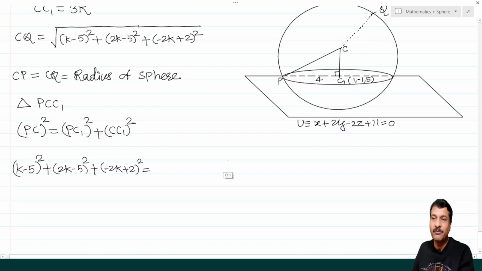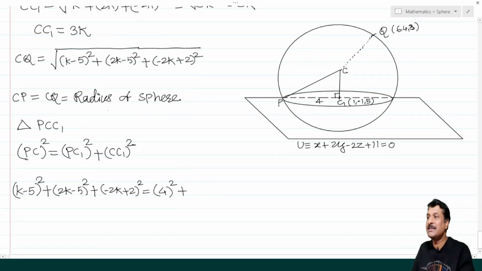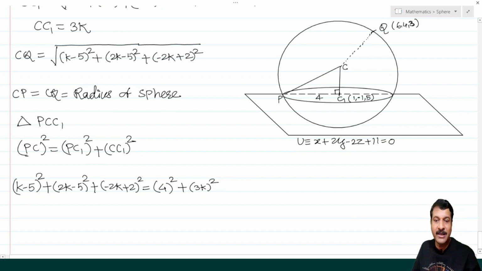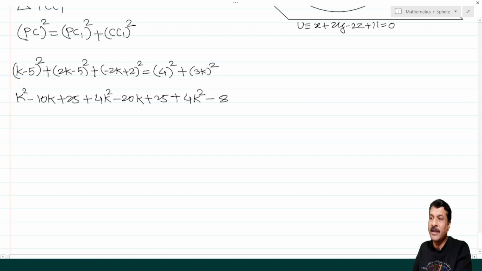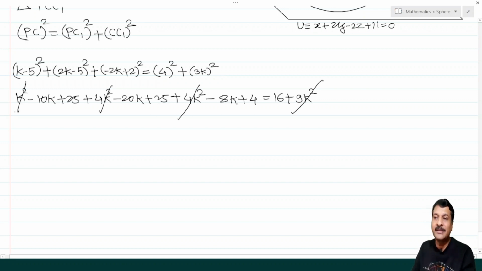PC1 we have 4, so 4 square, plus CC1 whole square. What is CC1? It is 3K whole square. Simplify it and find the value of K. So I am getting K square minus 10K plus 25, plus 4K square minus 20K plus 25, plus 4K square minus 8K plus 4, equal to 16 plus 9K square. The 9K square gets cancelled.